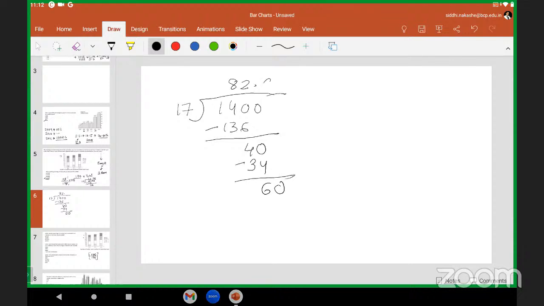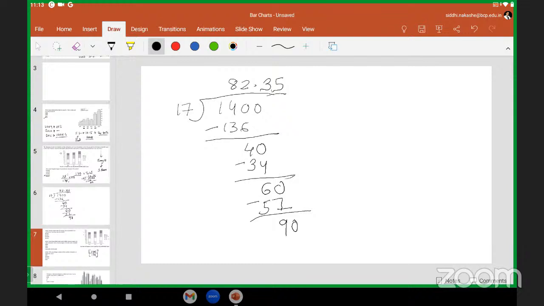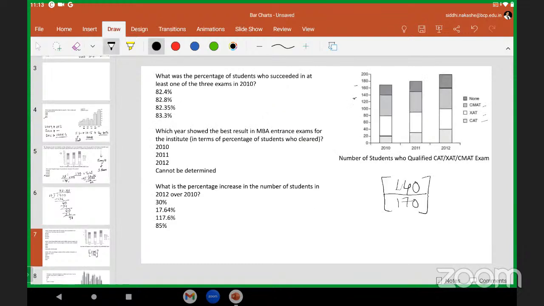Again, 7 3s are 51. So you have 9 and 0. So 17 5s are 85. So the number is around 82.35. Yes, this will be your answer. So now let's move to the next question.